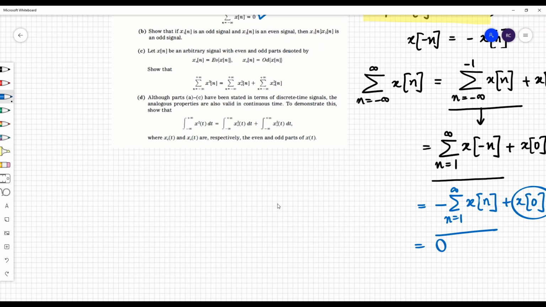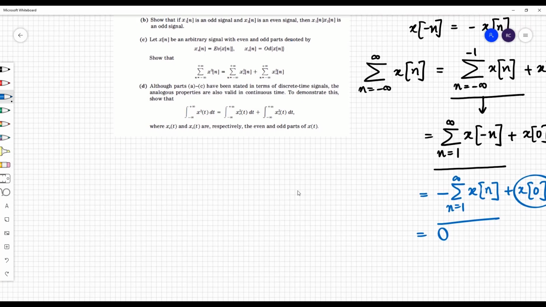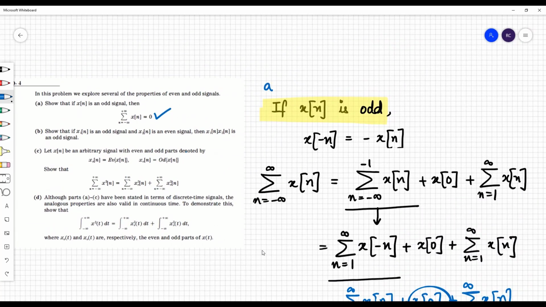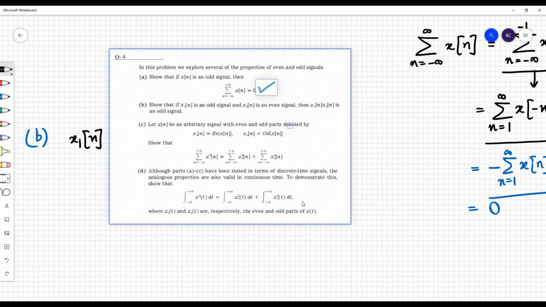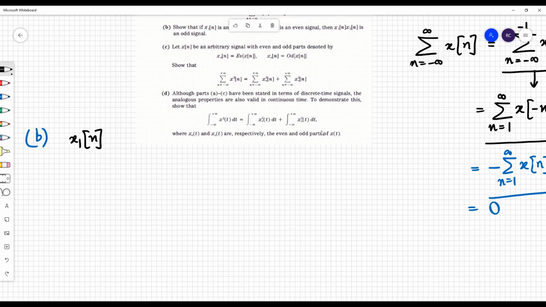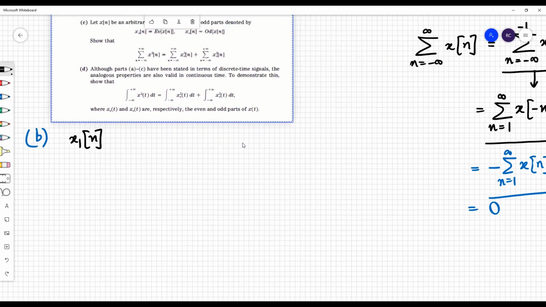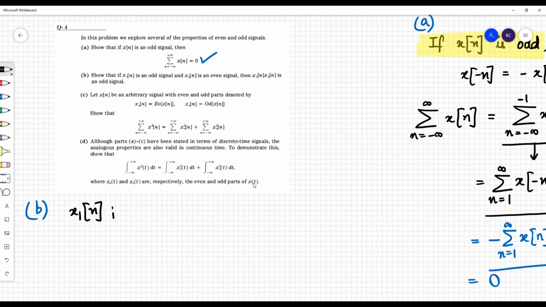So, okay, let us start. What is given? So this was part A. Okay, going to part B. What is known is that x1[n], what does the question say? x1[n] is odd, which means x1[-n] is equal to minus x1[n].